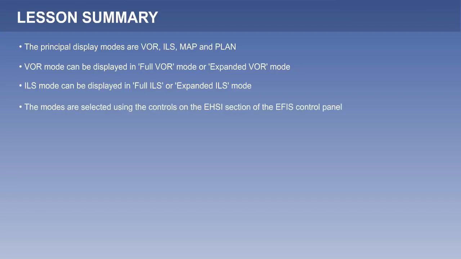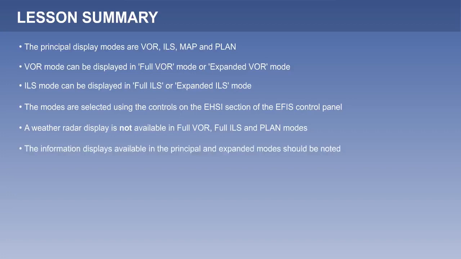The modes are selected using the controls on the EHSI section of the EFIS control panel. A full weather radar display is not available in full VOR, full ILS and Plan modes. The information displays available in the principal and expanded modes should be noted.